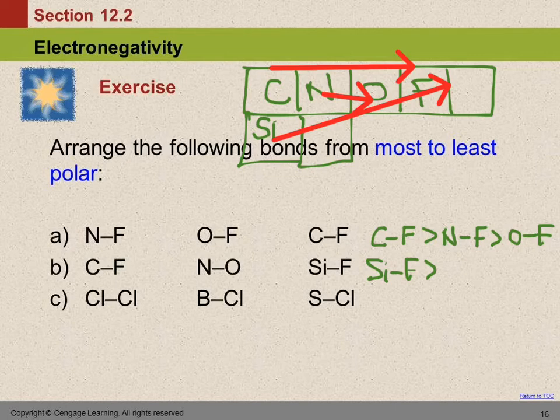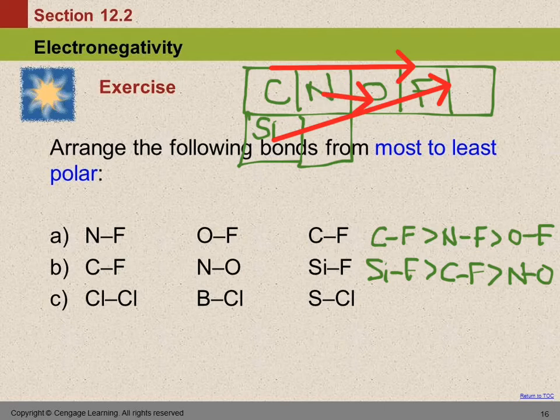Which one is the next most polar? Which one's the next longest? C-F. And which one's the shortest? N-O. These two are the closest. They are the most similar. Because two things that are identical would be nonpolar.